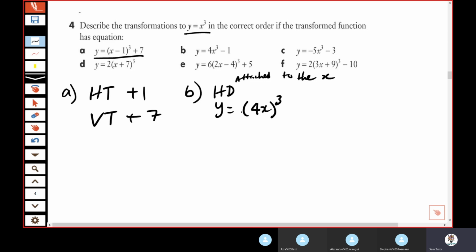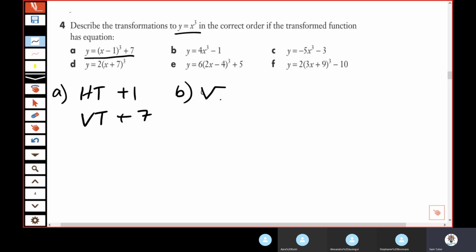That's a horizontal dilation, which is not true. This is not attached to the x. This is actually a vertical dilation of positive 4. And then, of course, a vertical translation 1 unit down. Beautiful.